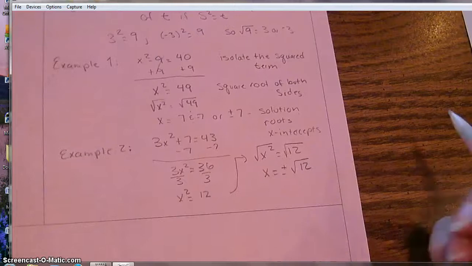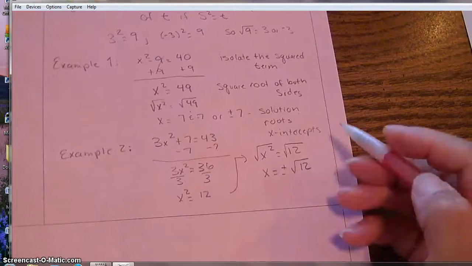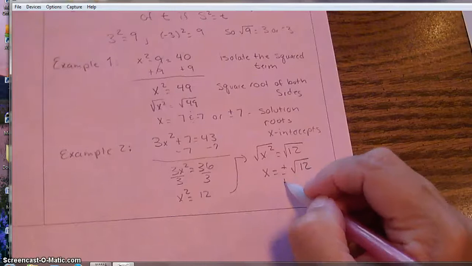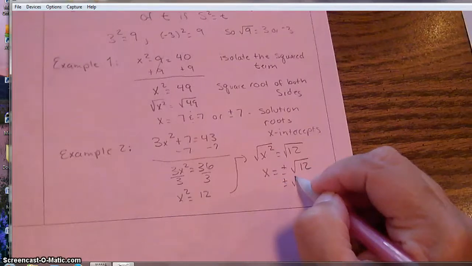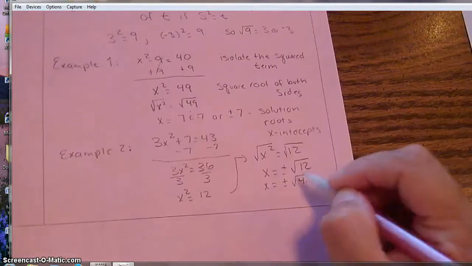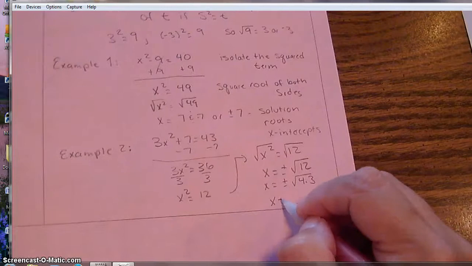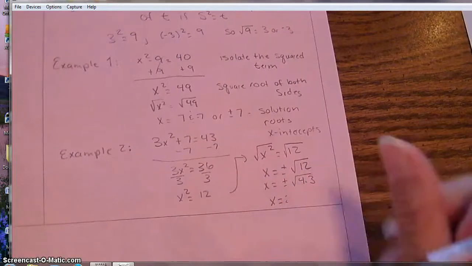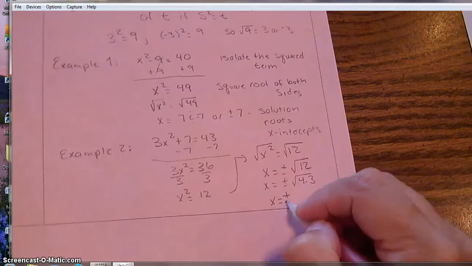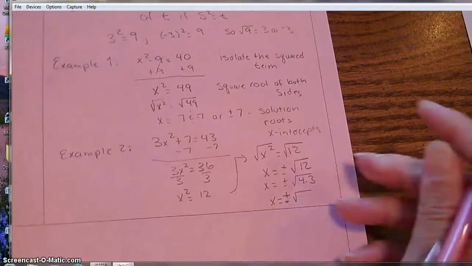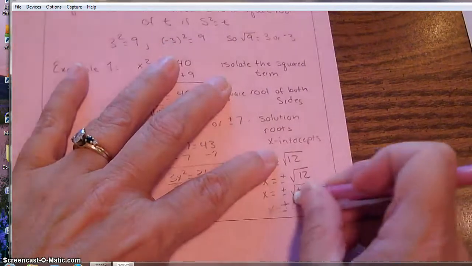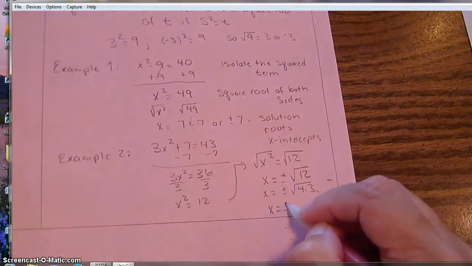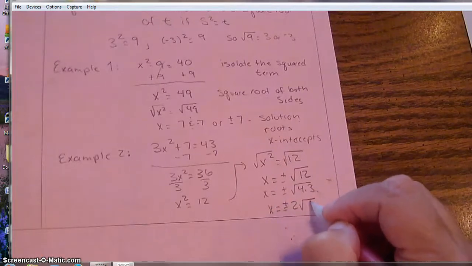Now we need to simplify the square root of 12, and if we remember the perfect squares that go into that, it would be plus or minus the square root of 4 times 3. 4 is a perfect square, so the answer here will be x equals plus or minus 2 square root of 3. Okay.